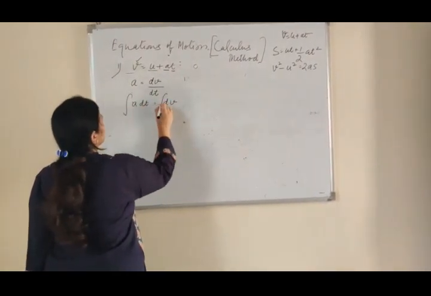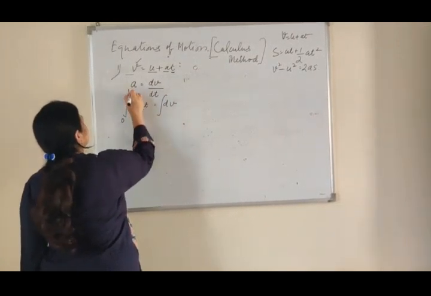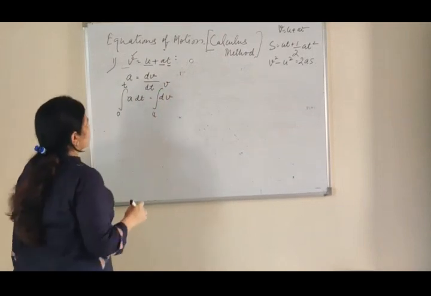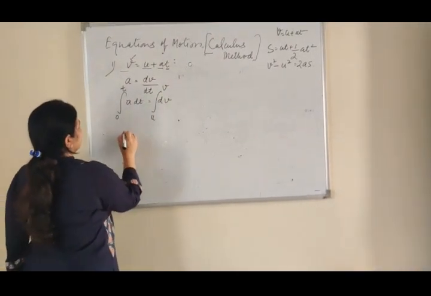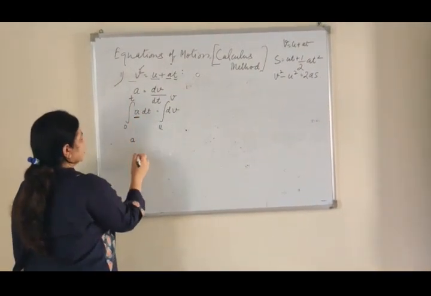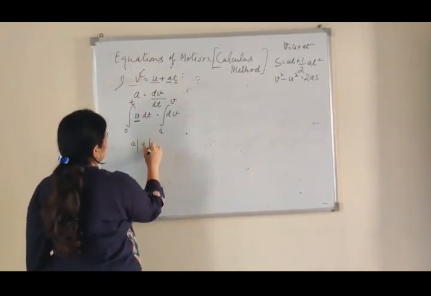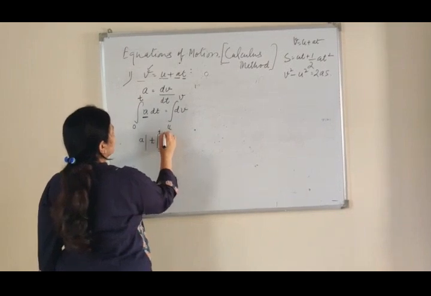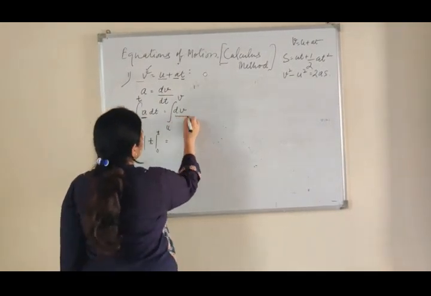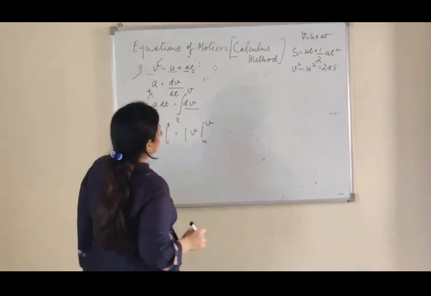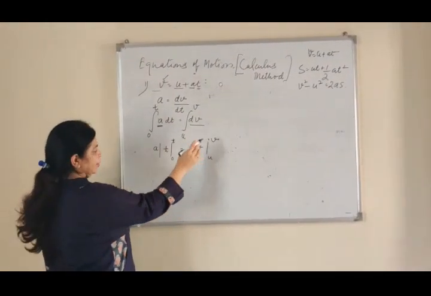Now integrating both sides from time 0 to t, the limits are, here the velocity is changing from u to v. So on integration, as a is constant, the integral of dt, I have already told you, is equal to t from 0 to t, and that is equal to the integration of dv, which will be v, with the limits u and v.